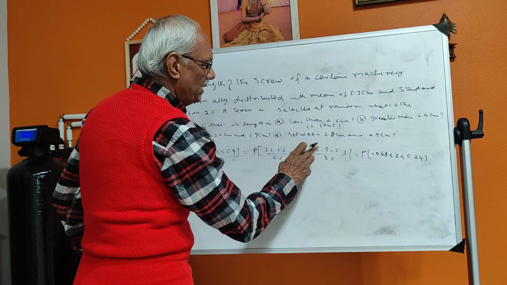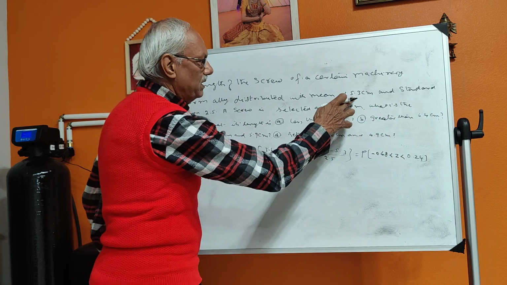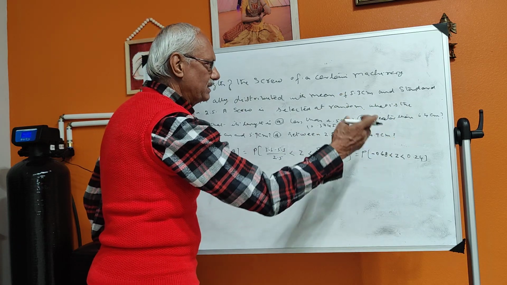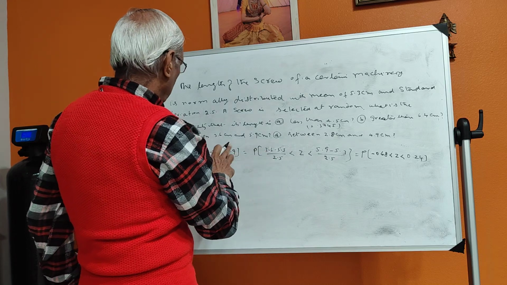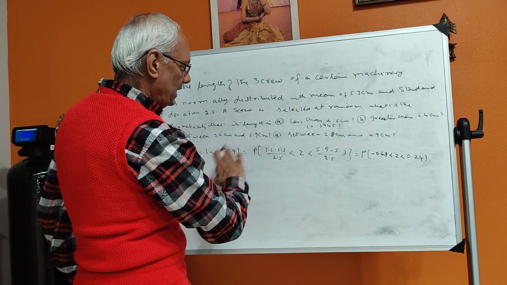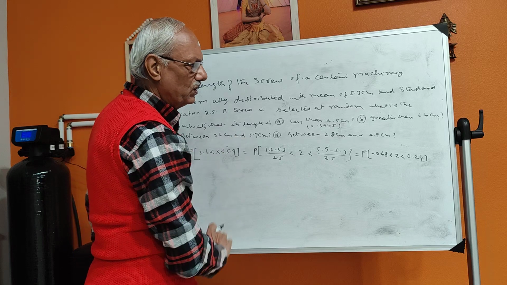As I told you, 5.9 is more than 5.3, so it will lie on the right hand side, whereas 3.6 is less than 5.3, so it will lie on the left hand side.